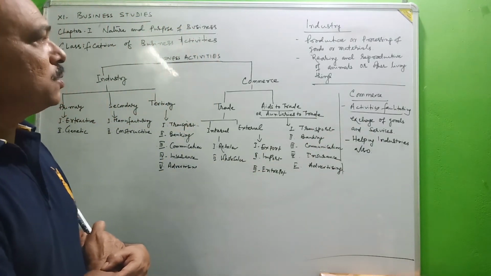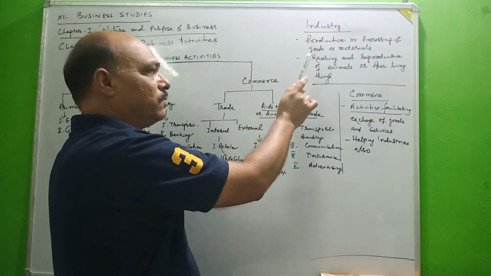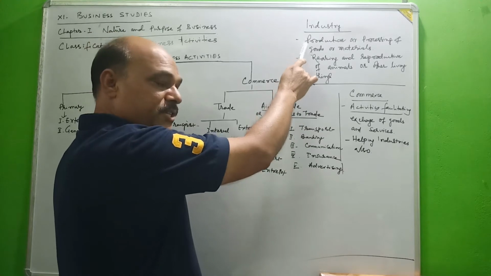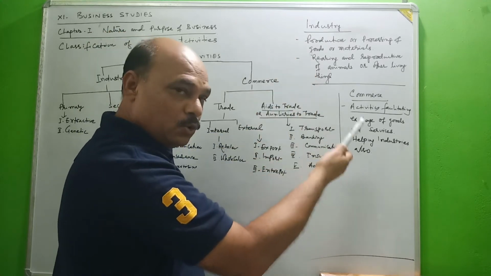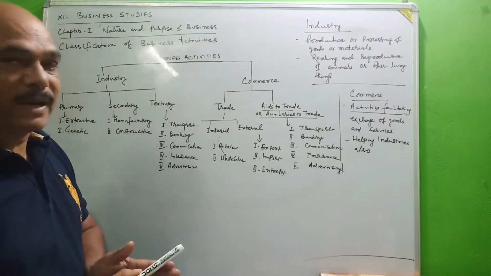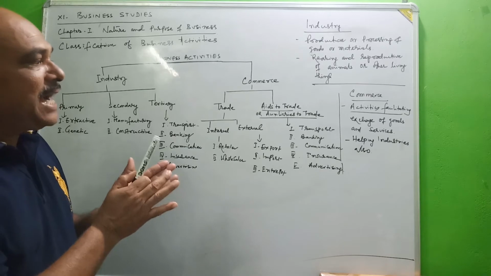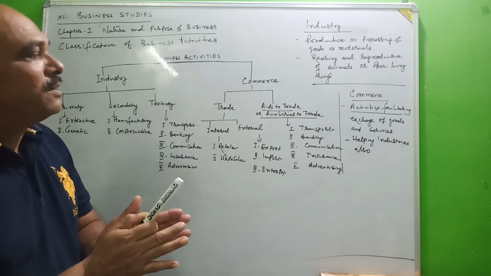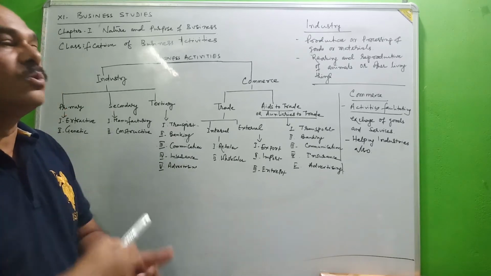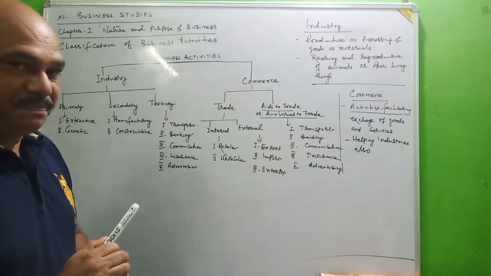What the industries are producing is to be sold in the markets, and at the time of selling in the markets, it is trade. And the activities which are facilitating this exchange of goods and services are known as commerce.